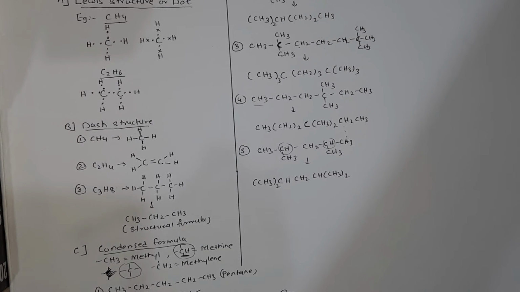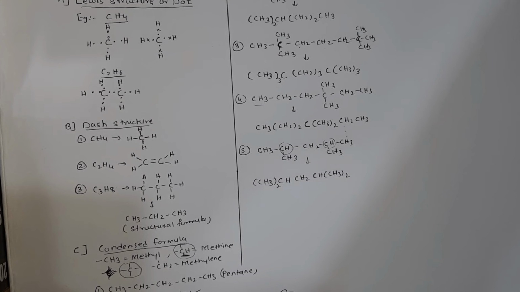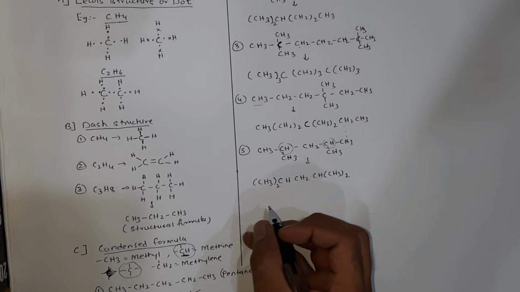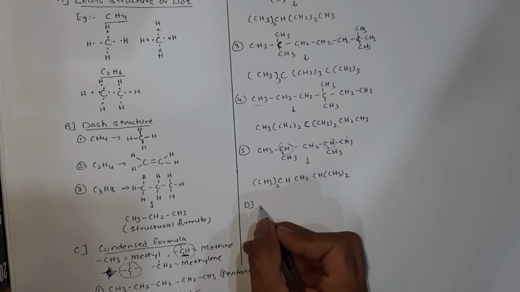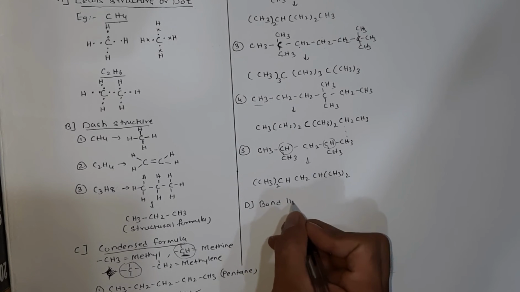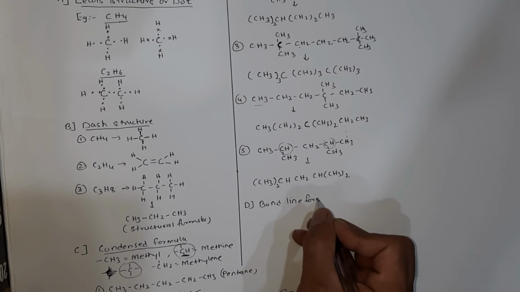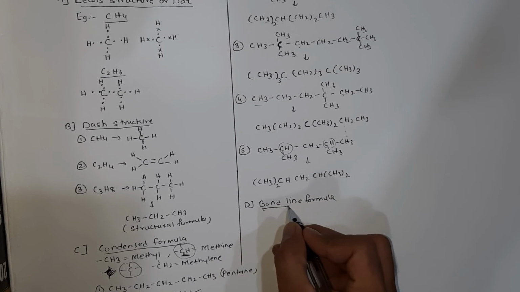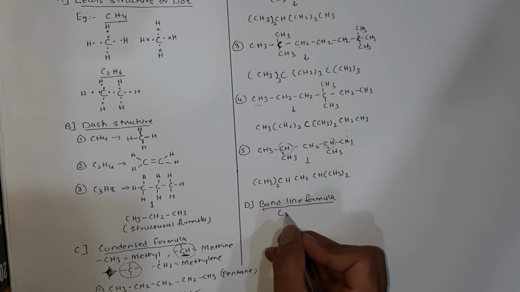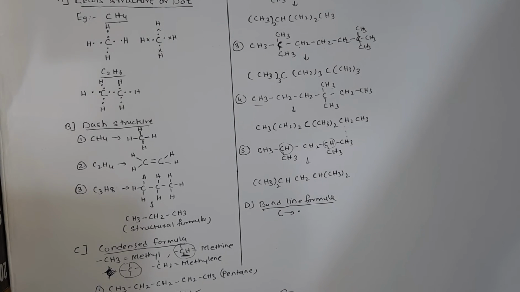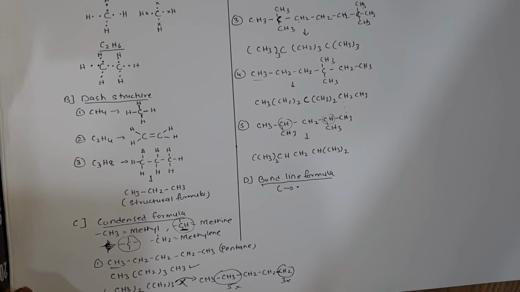Now the third way of representing a molecule is the bond line formula. Okay, so let's talk about the bond line formula. Again, it is very simple, very interesting. In the bond line formula, each and every carbon atom is represented by a dot, and carbon in a chain is represented in a zigzag fashion.